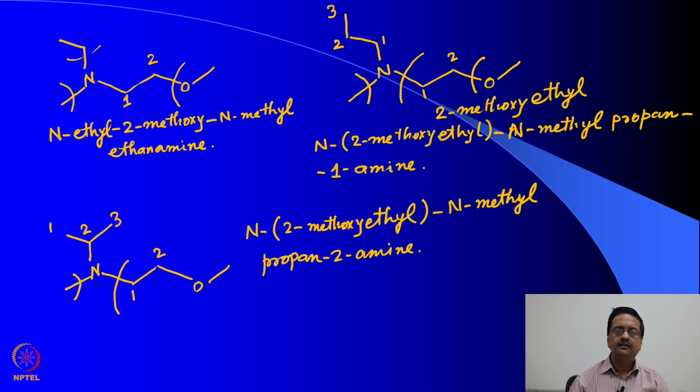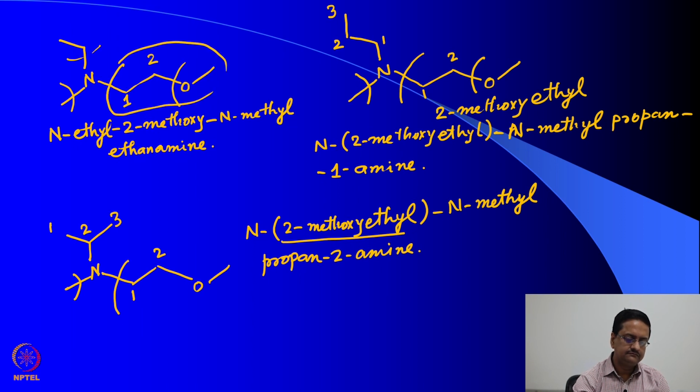So, you see, depending on the molecule and their number of carbon atoms, we need to identify which is the parent molecule, and based on that parent molecule we need to identify which one is a substitution, and then we write the name of the substitutions correctly the way we are writing here, and then we write the name. If you look at these 3 molecules, all the 3 molecules have a group like that.